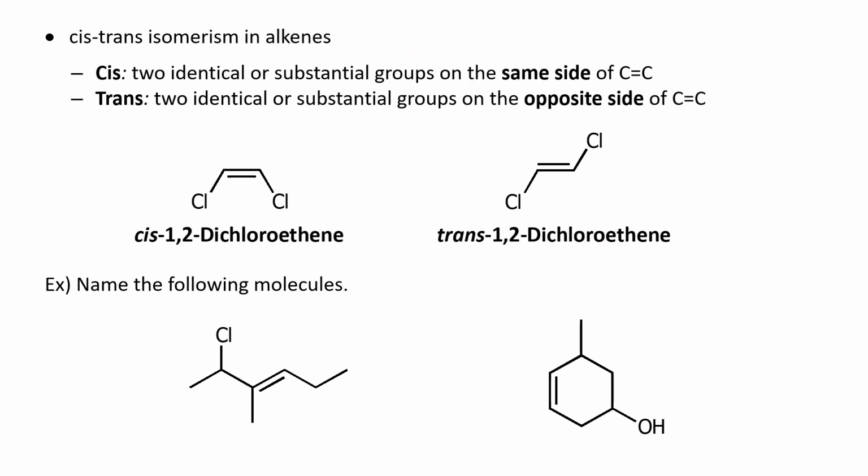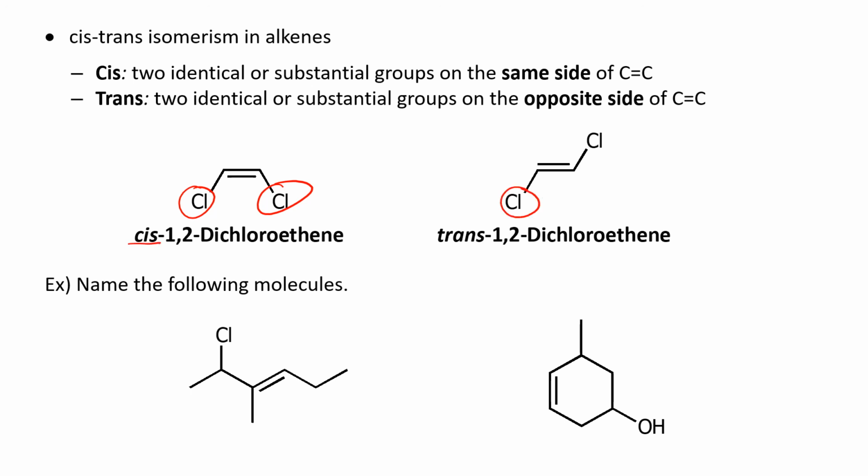And now for cis-trans alkenes. We've introduced this before. Cis means that the two identical groups are on the same side of the carbon-carbon double bond, and trans means that the two substituent groups are on opposite sides. So when our chlorines are on the same side, it's a cis-1,2-dichloroethene.